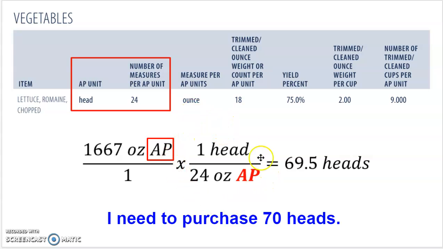So that gives us this conversion factor. 24 ounces AP is one head, so we multiply that out, dividing 1667 by 24, and we get 69.5 heads. So of course what we'll really purchase is 70 heads of romaine lettuce.